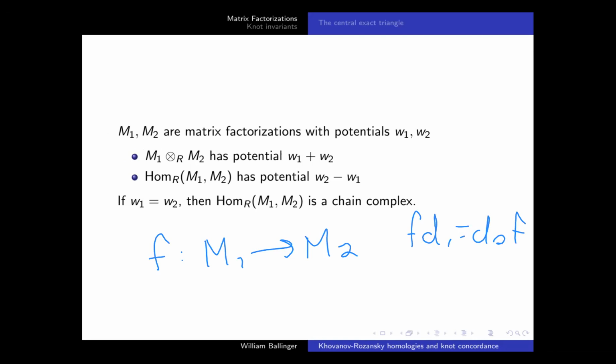But this also automatically gives us a notion of homotopies of two such chain maps, because this f is a cycle in a particular chain complex. We say that two such maps are homotopic if they represent the same homology class. And that lets us talk about homotopy equivalences of matrix factorizations and all those nice things we want to be able to do with a chain complex. So we have, for a fixed potential W, a DG category of matrix factorizations of W.